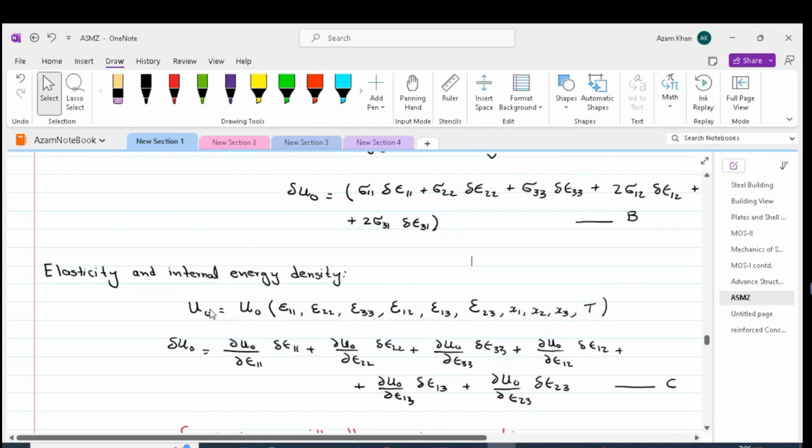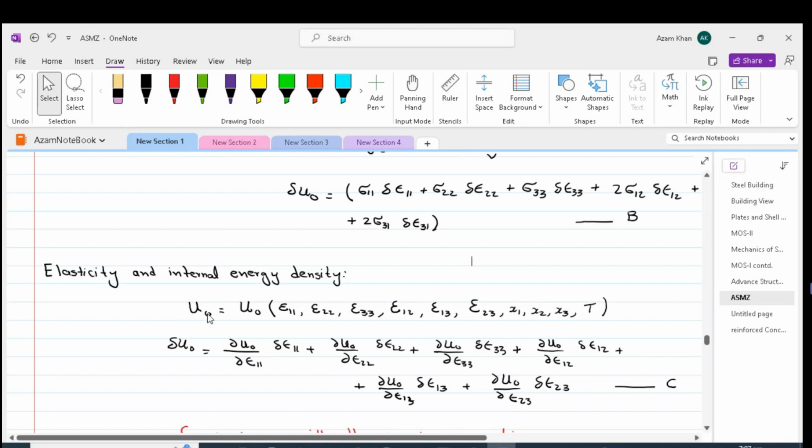This function, which we call the internal energy density function, is dependent on x1, x2, and x3 only if we assume that the material is non-homogeneous, that is, its properties are different at different points.